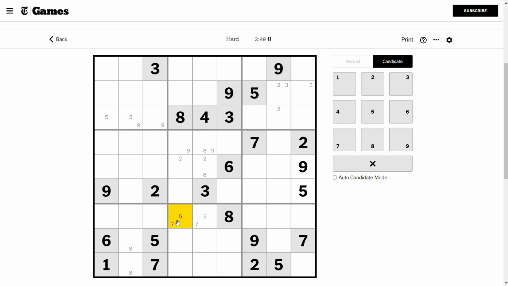So after I got this 5-7 pair, these 4 cells all see 6 and 9. So these 2 cells are the remaining cells that are open for 6 and 9.